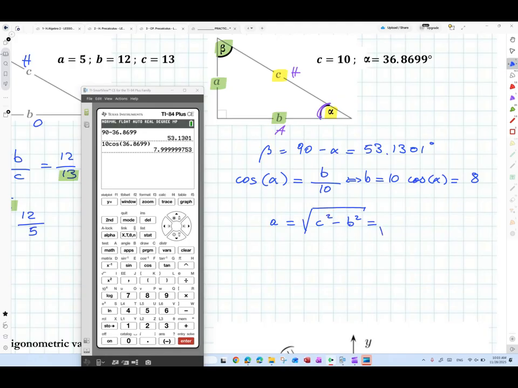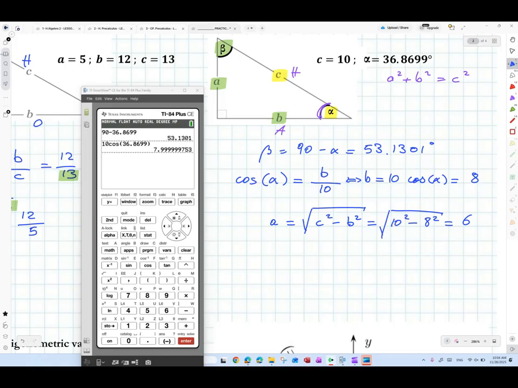In that case, is going to be 10 squared, which is 100, minus 8 squared, which is 64, and I will have the square root of 36, which is 6. So this is using the Pythagorean theorem. The fact that a squared plus b squared equals c squared.